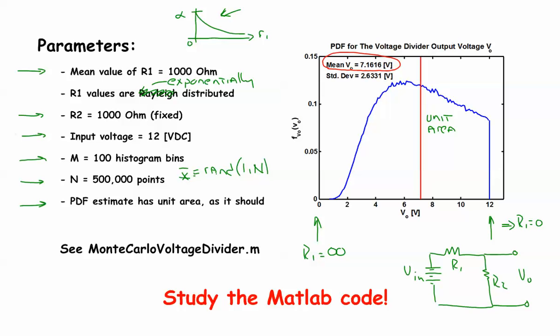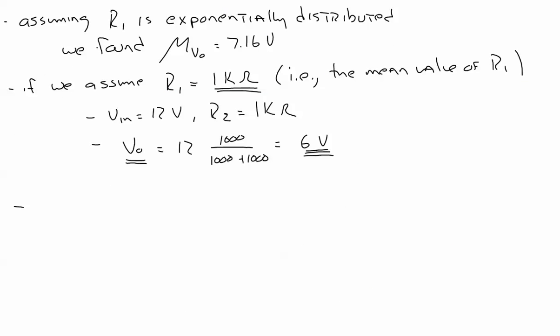All right. So the bottom line from all of this is Monte Carlo simulation oftentimes gives us non-intuitive insight into the behavior of systems that have random variables or random components somewhere in the system description.